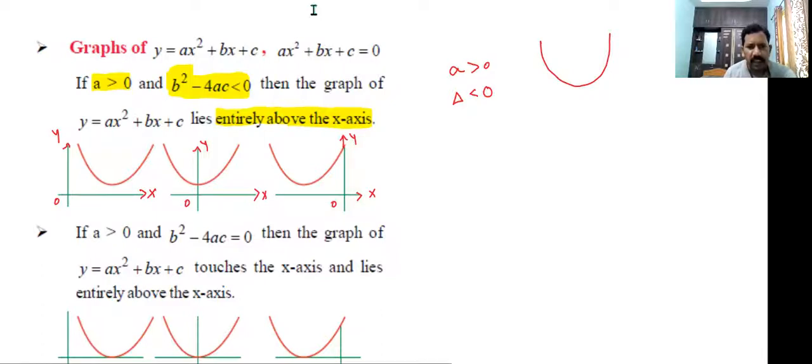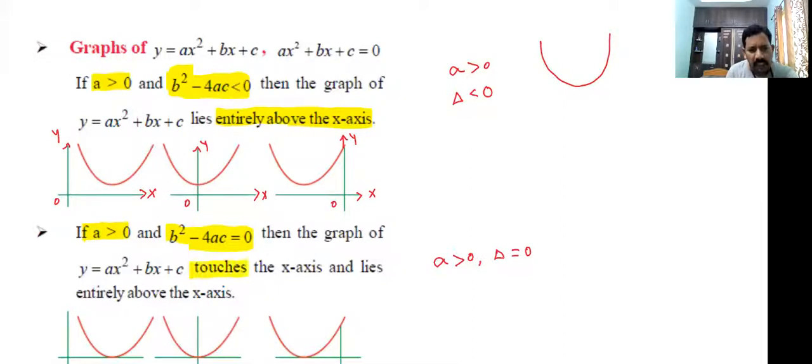Okay. Next, second one: if a greater than 0, b square minus 4ac is equal to 0. That means coefficient of x square greater than 0 and discriminant exactly 0. Then what will we say?